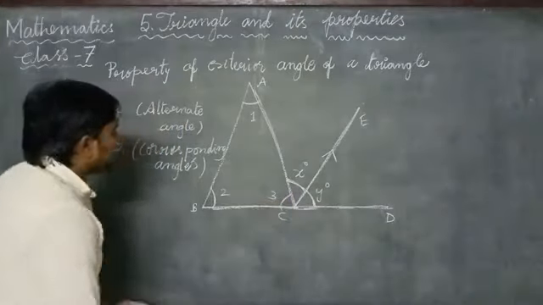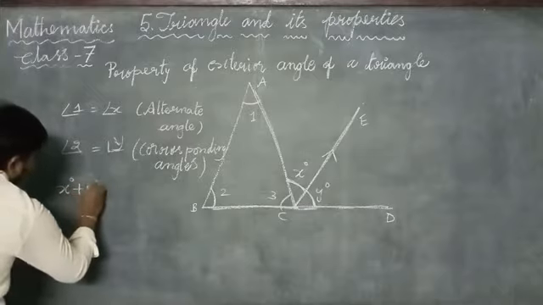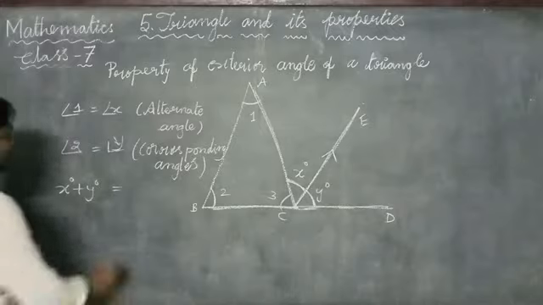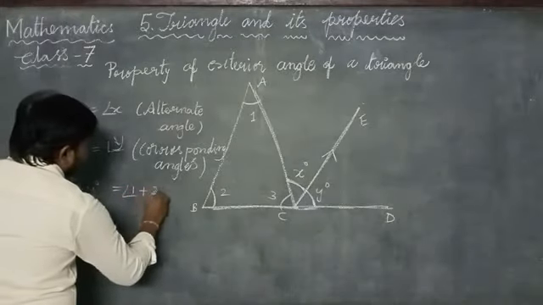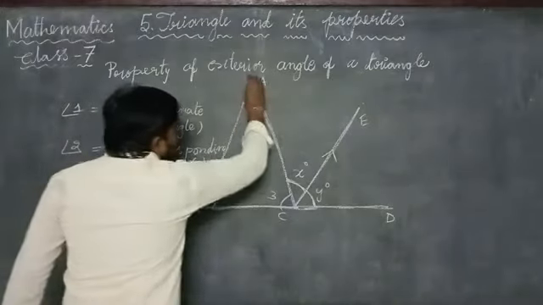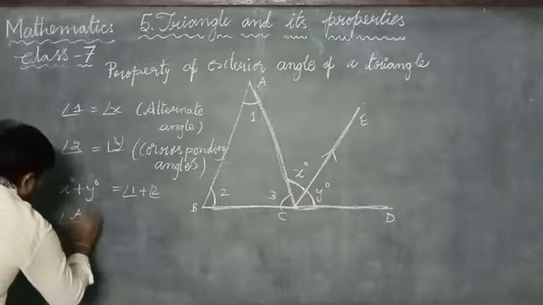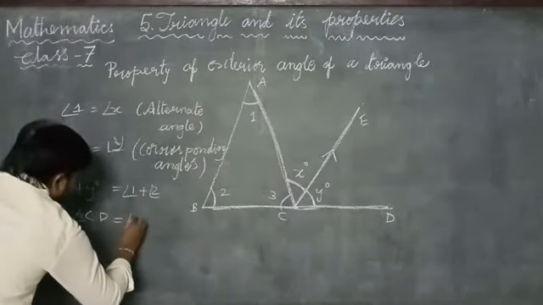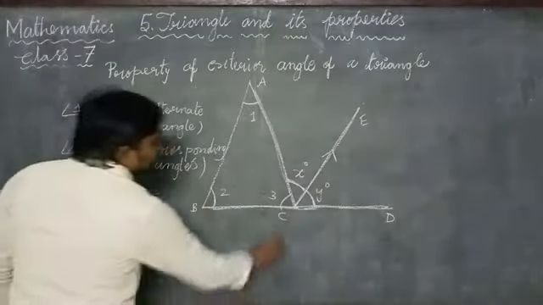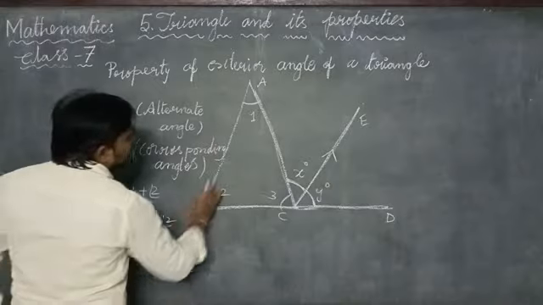Here the sum is x plus y. x degrees plus y degrees is equal to angle 1 plus angle 2. From that, x plus y degrees is nothing but angle ACD. Angle ACD equals angle 1 plus angle 2. Here this is the exterior angle and the opposite interior angles are 1 and 2.